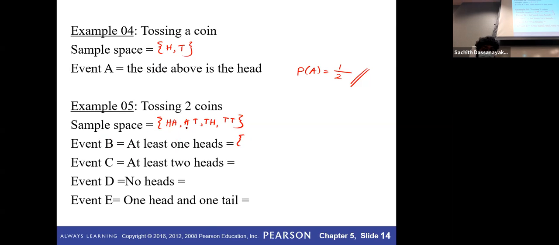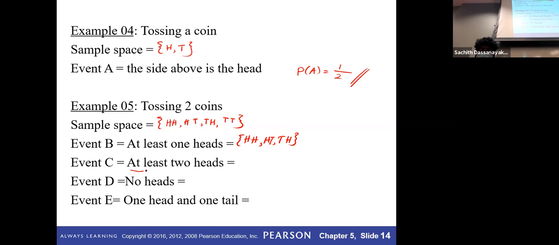So what is "at least"? At least means the minimum is one and the maximum can be any value, but here you have to restrict it up to 2. So at least one head means head head, head tail, tail head, right? Tail tail, no, there is no head.